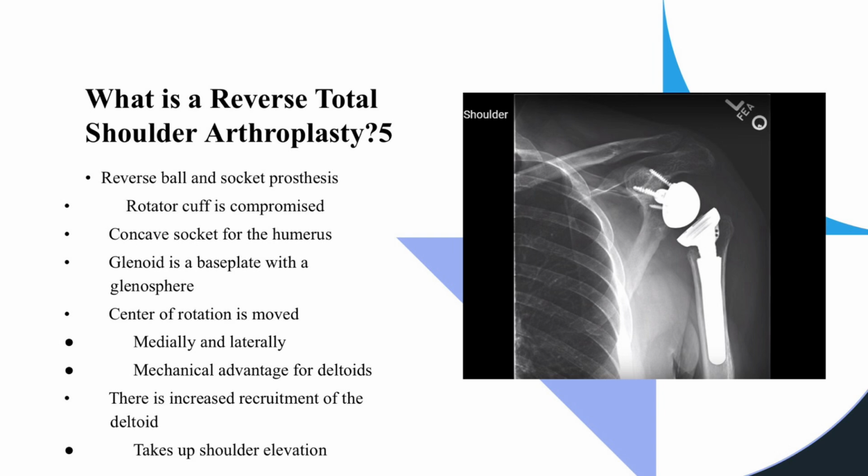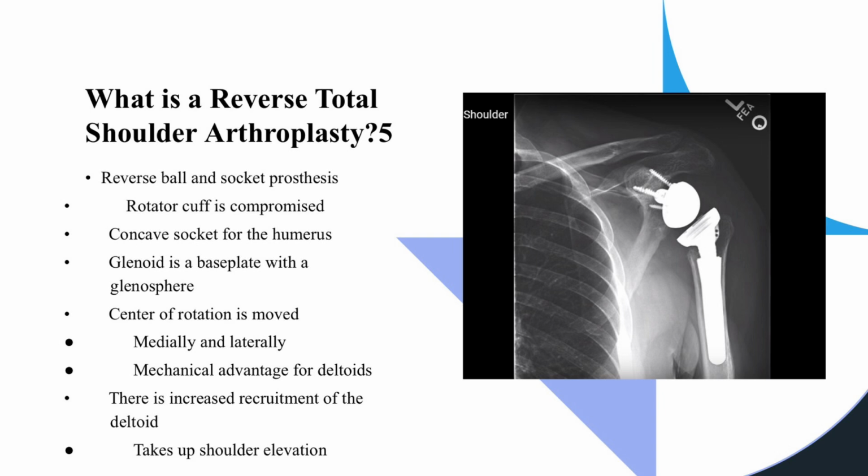So what happens is that the humeral aspect that is used is made from a concave socket, and the glenoid aspect is going to be more of a base plate with a glenosphere, from what is stated in the clinical pearl. These two components work together to help with rotation, both medially and laterally, and to give the deltoid a mechanical advantage.